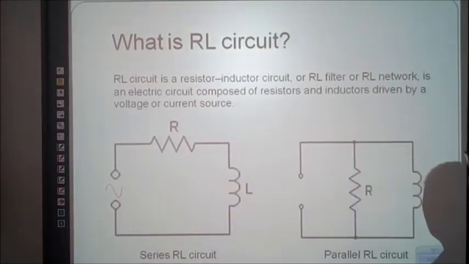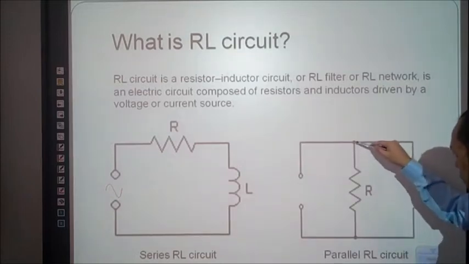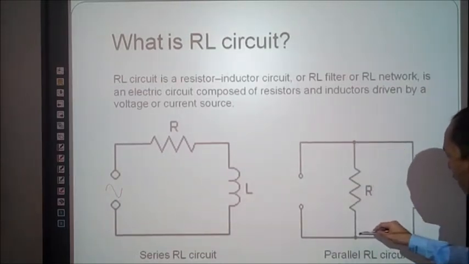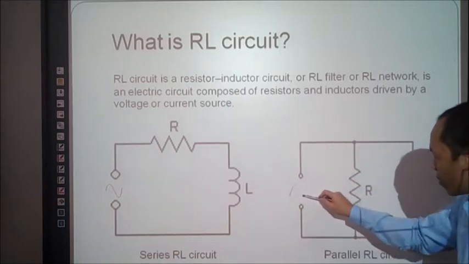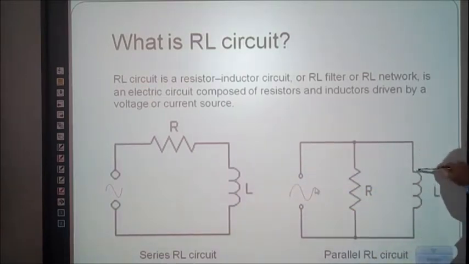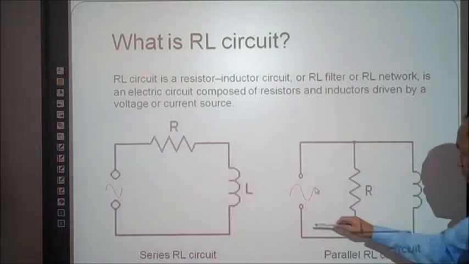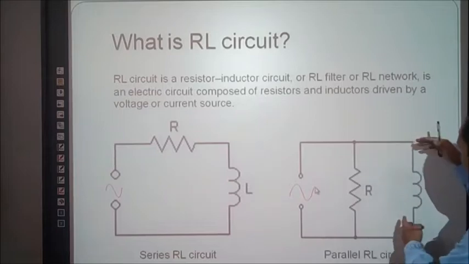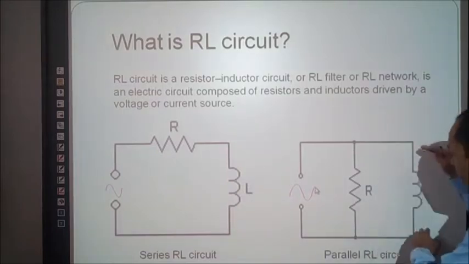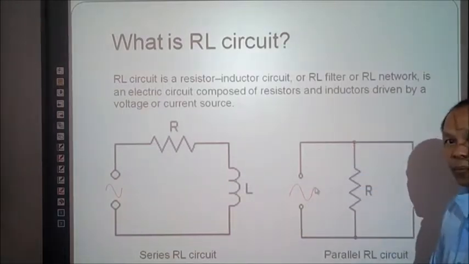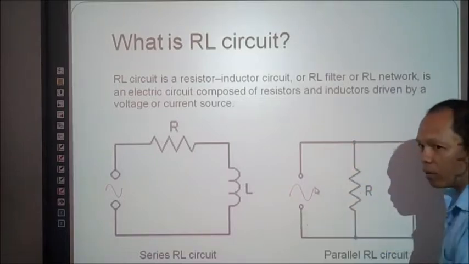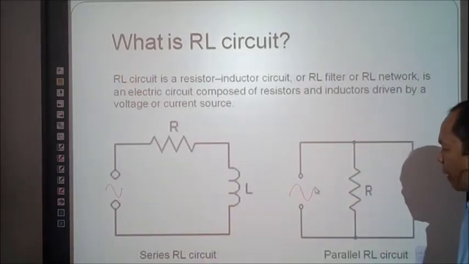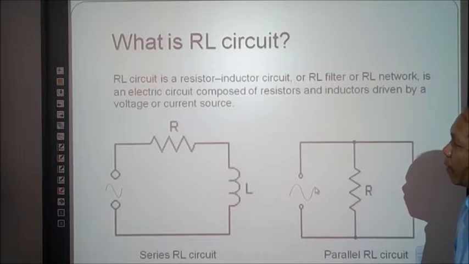Here, resistor, inductor. The two terminals of R are directly connected to the source, and also the two terminals of the inductor are directly connected to the source. So both resistor and inductor are connected in parallel, directly connected to the source.